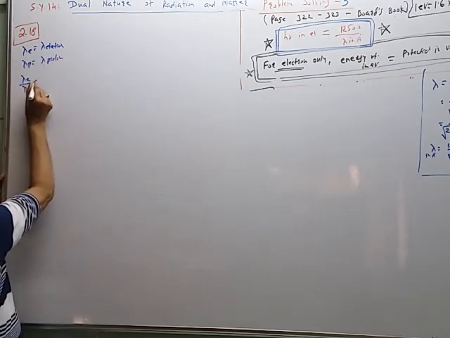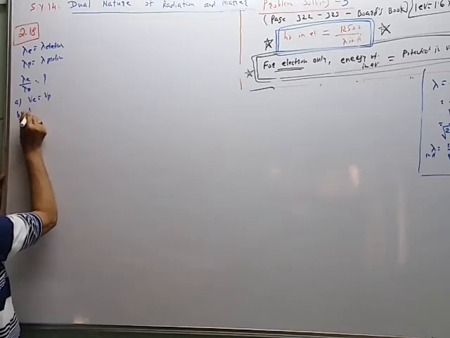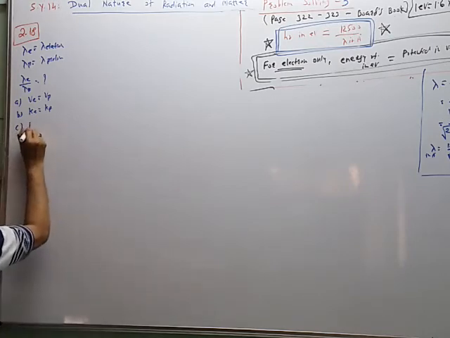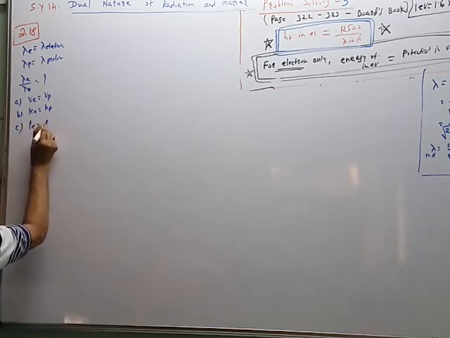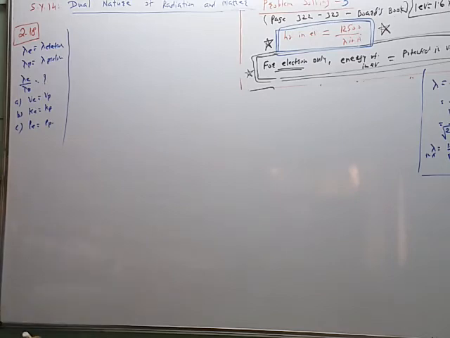So lambda E upon lambda P is equal to question mark. A: the speed of the electron is equal to speed of the proton. B: the kinetic energy of the electron is equal to kinetic energy of the proton. And C: they have same momentum. So momentum of the electron is equal to momentum of the proton. This is our problem.